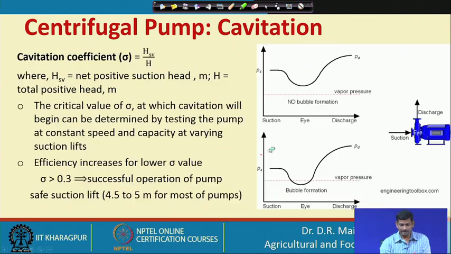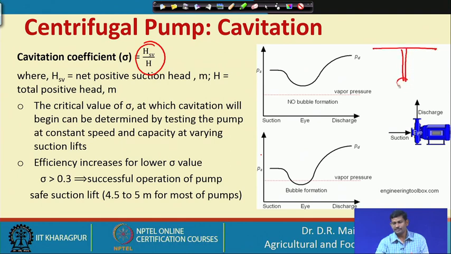Next, again on cavitation, how do we indicate it? Basically the cavitation coefficient is defined using NPSH, which is net positive suction head. We are going to see this in the next slide, but what exactly is the net positive suction head? In a centrifugal pump, if you see the suction line, there is a foot valve.